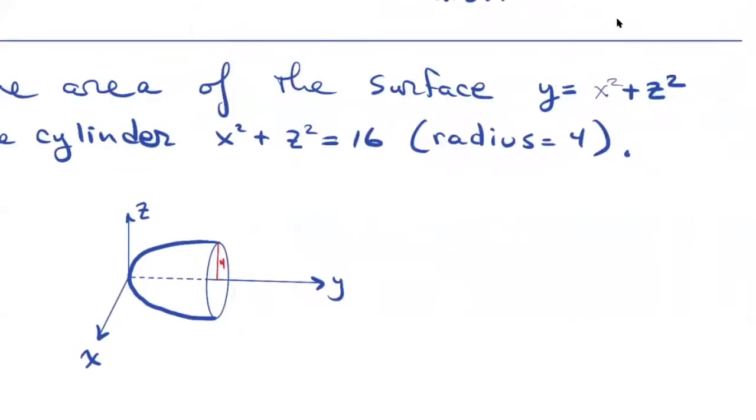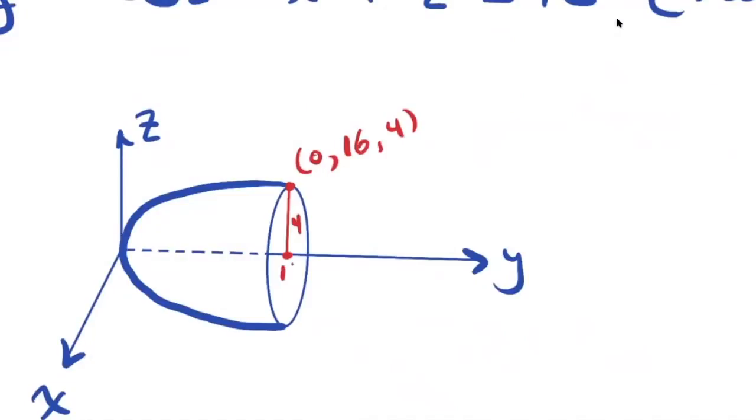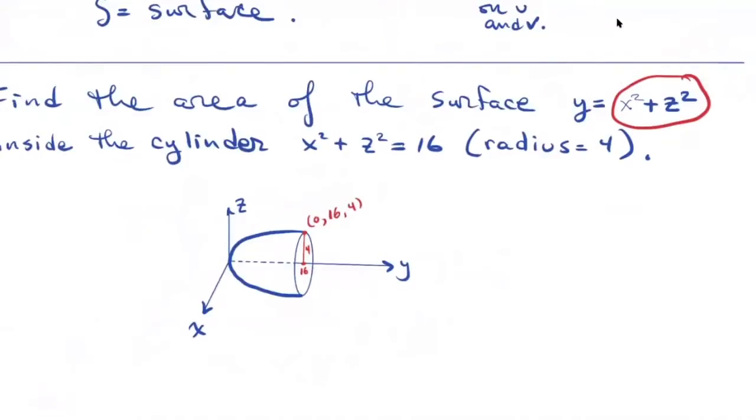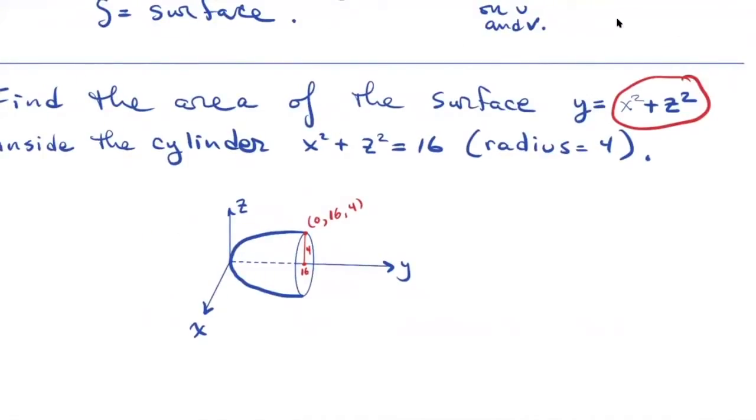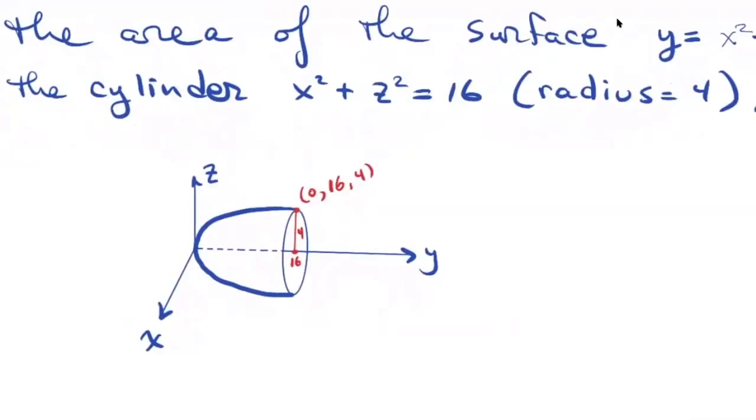If z is 4 and x is 0, then to know the y-coordinate there, you just put 0 squared plus 4 squared, and so your y-coordinate comes out to be 16. So right here, this point has y equal to 16. Okay, any questions?